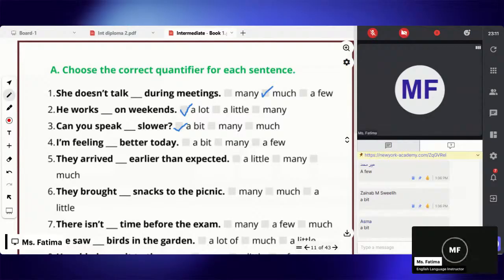Wonderful. Yes. I am feeling a bit better today. Remember that here we talk about my feelings, so I can say a bit. Yes, great. So I'm feeling a bit better today.